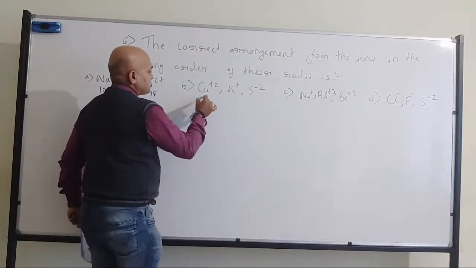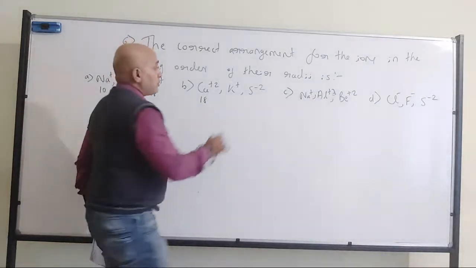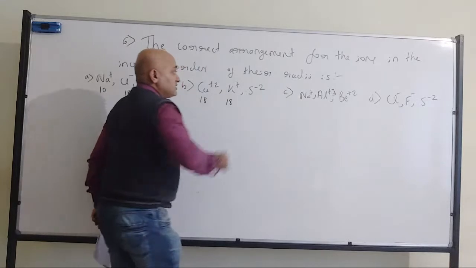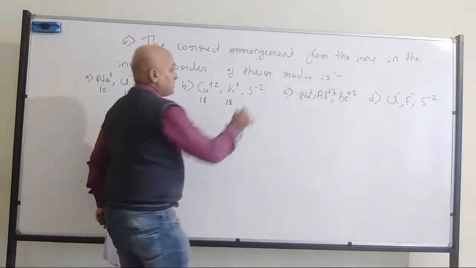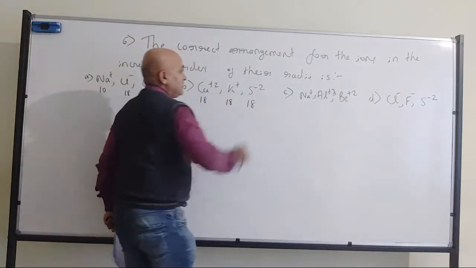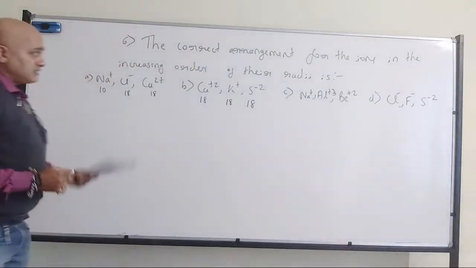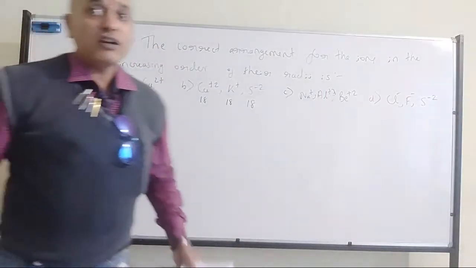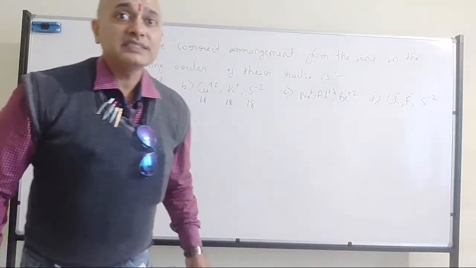Calcium plus 2, 18. Potassium 19, here it is K plus, 18. Sulfur 16, minus 2, that means 18. Okay, I have got the isoelectronic species.